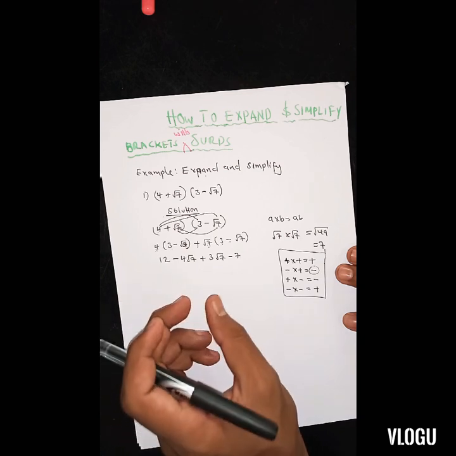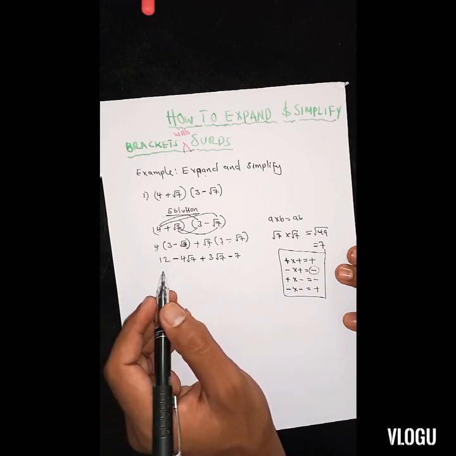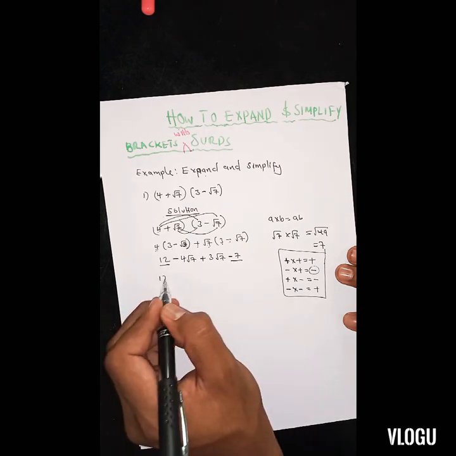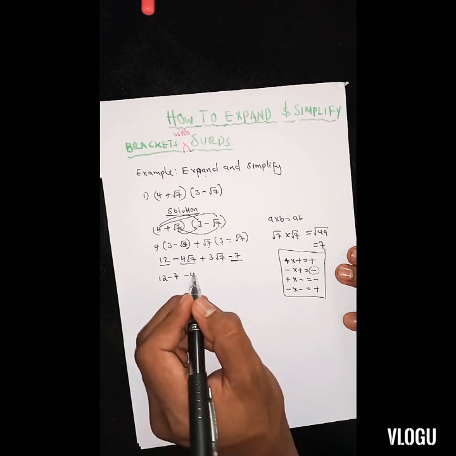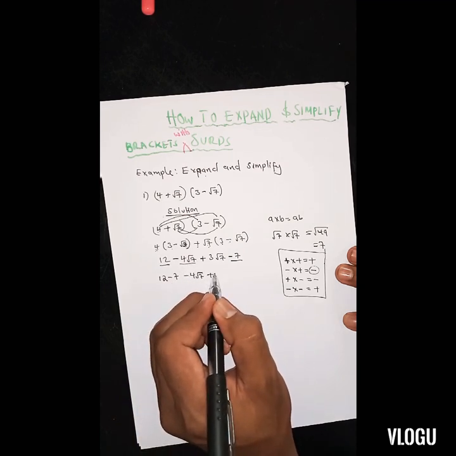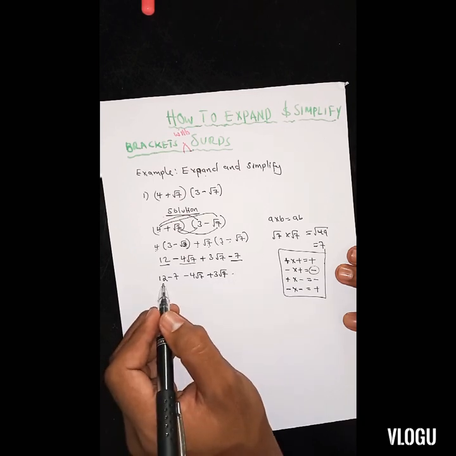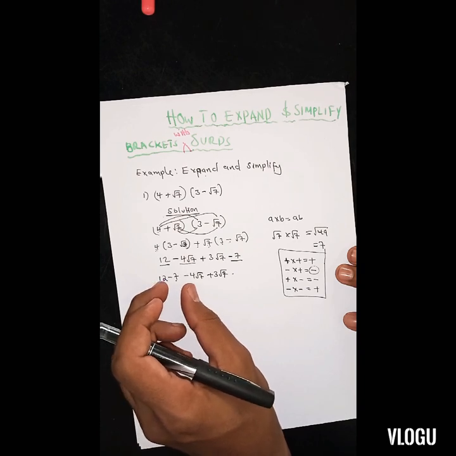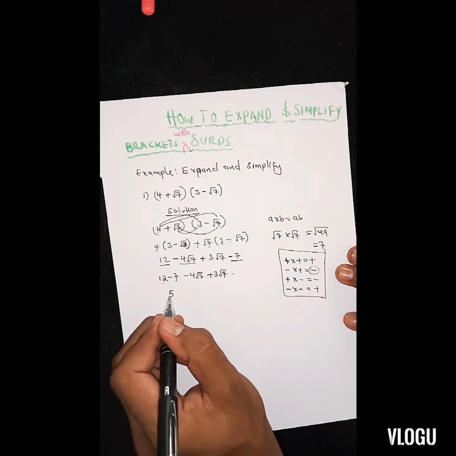Now what next? Let's collect the like terms together. By collecting the like terms together, here we have positive 12, here we have minus 7. So we'll have 12 minus 7, and then we have minus 4 root 7 plus 3 root 7. So now 12 minus 7, these are numbers. 12 minus 7, that is going to give you 5.